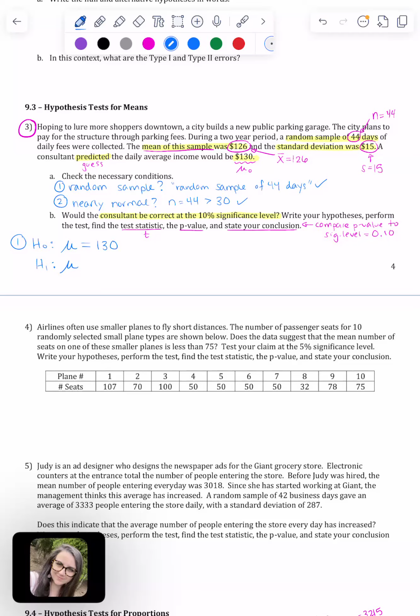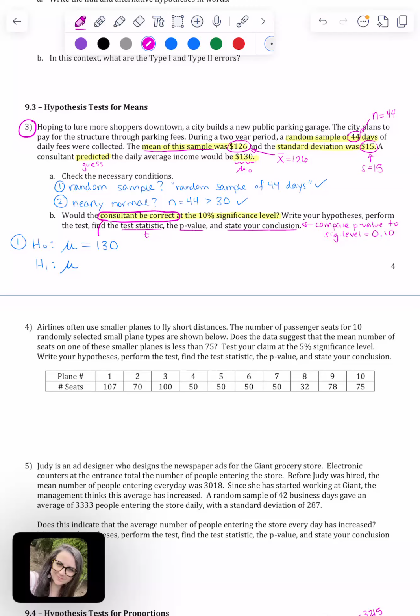Now, H1 here is a little trickier than normal because I don't see any particular direction in the paragraph that says, I actually think it's larger, or I actually think it's smaller than $130. It actually just says, if we reread the question, would the consultant be correct?